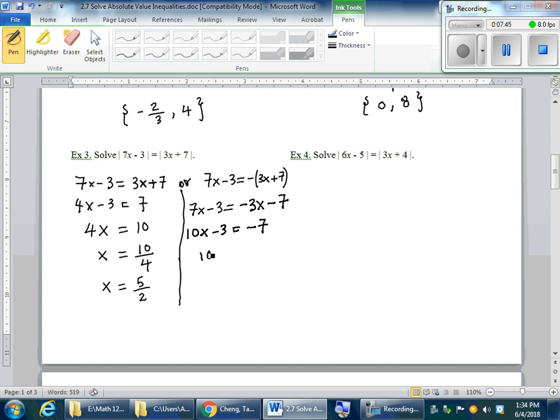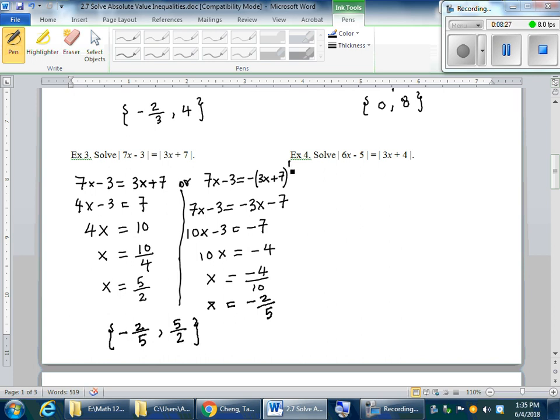Adding 3 to both sides, that gives us 10x is equal to negative 4. And finally divide both sides by 10, which is negative 4 over 10. Reducing it, that gives us x is equal to negative 2 over 5. So now I have two solutions. One is negative 2 over 5, and the other one is 5 over 2.